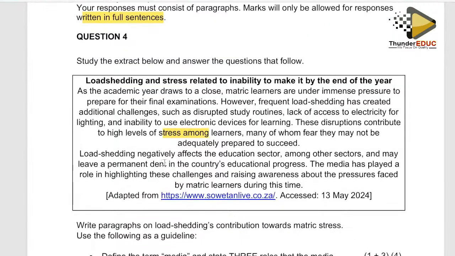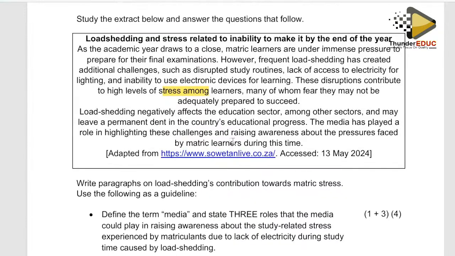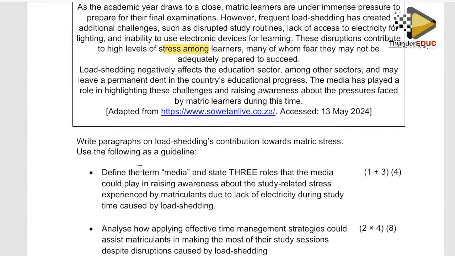Load shedding negatively affects the education sector, amongst other sectors, and may have a permanent dent in the country's educational progress. The media has played a role in highlighting these challenges and raising awareness about the pressures faced by matric learners during this time. So this was adapted from www.sowetanlive.co.za.